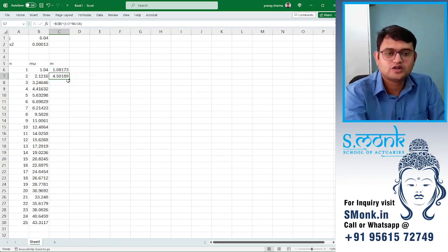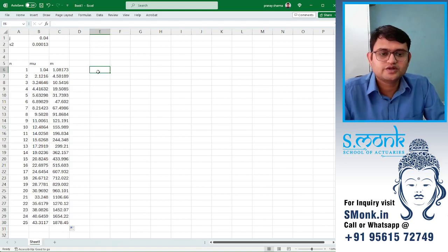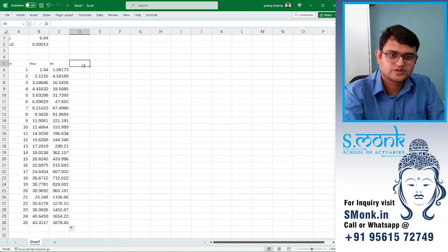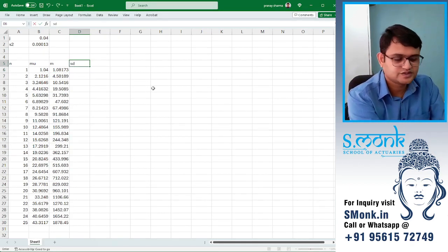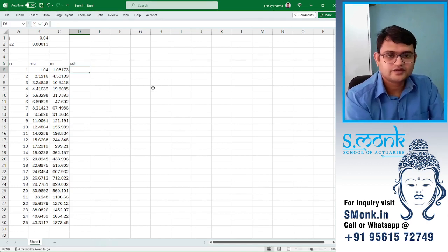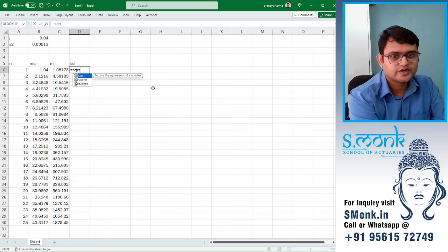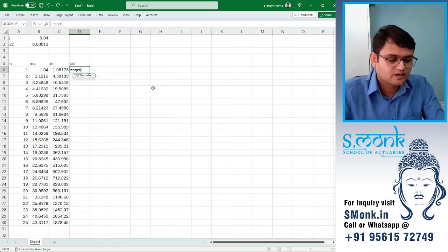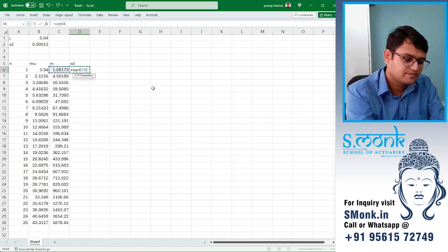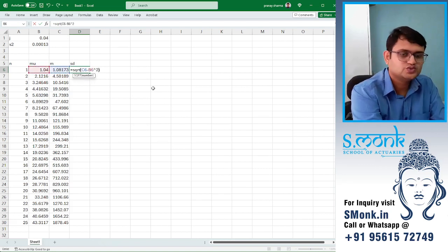These are all the different m values. Using that, I'll directly make SD, standard deviation, would be equal to square root, SQRT, of m minus mu raised to 2.